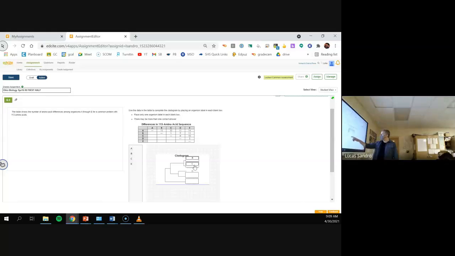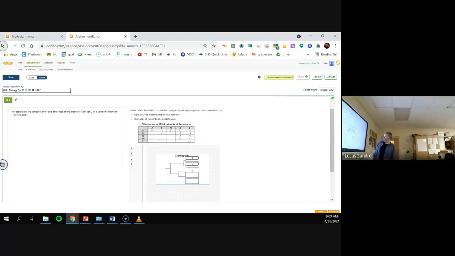So the question is, A or E more related to D? And so we had to kind of go and find, all right, A and D have 11 differences. D and E have only 3 differences, right? So where does D go?